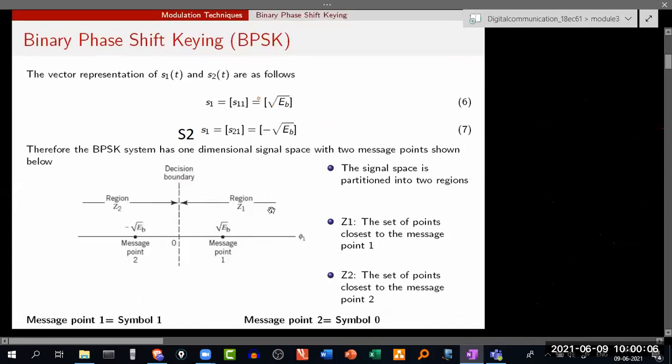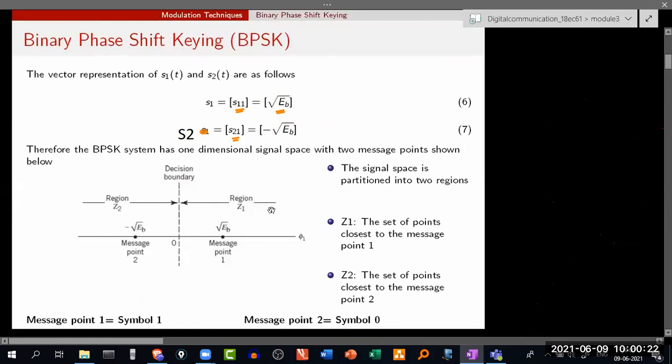Right now I can extract, because we have calculated these two values, the coefficient value S11, which is equal to square root of EB, and coefficient value S21, which is equal to negative square root of EB.